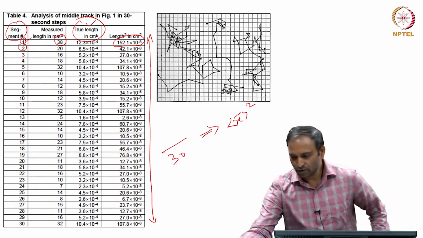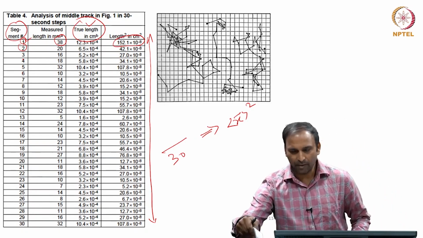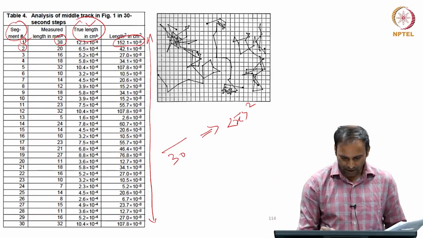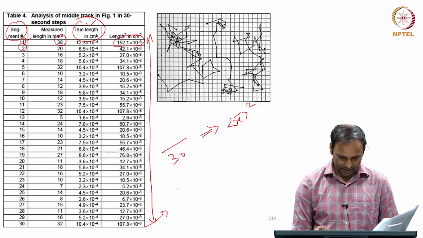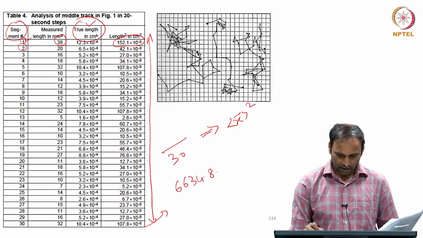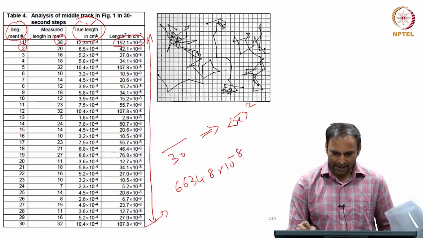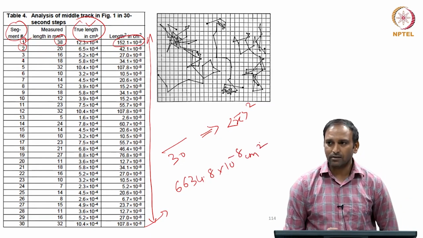So, it turns out that if I add all these numbers up, what you get is something like 6634.8 into 10 power minus 8 centimeter square.